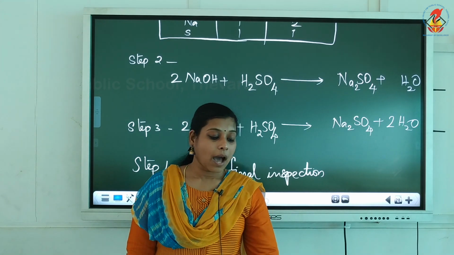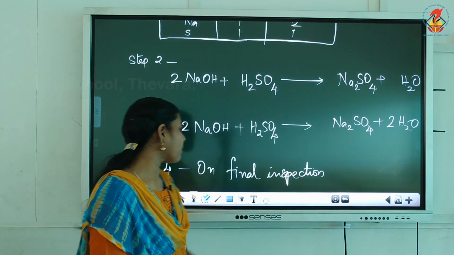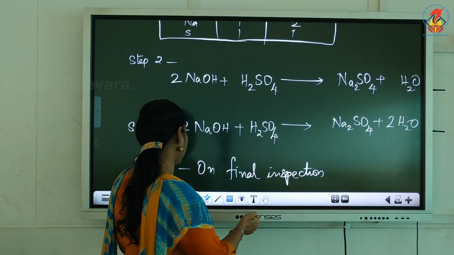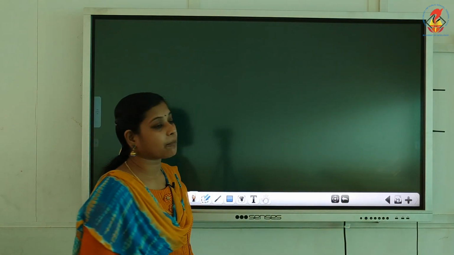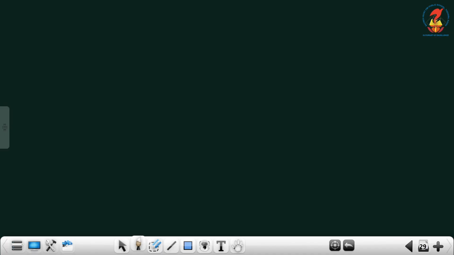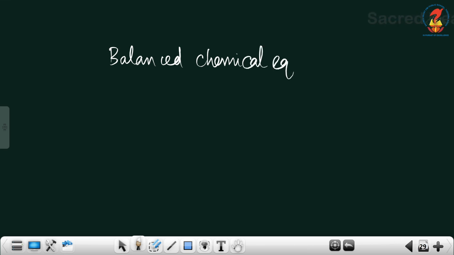Okay. Now our next thing is, how can we make a balanced chemical equation more informative? I am writing a short form for the equation.